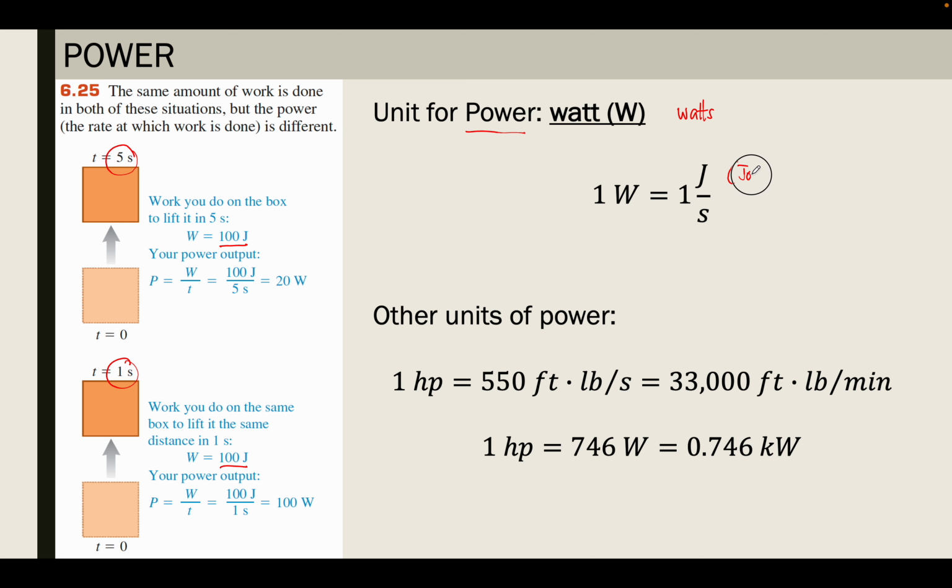We have power equal to work over time, so the unit for work is joule and the unit for time is second. That's why 1 watt is equivalent to 1 joule over second, or 1 joule per second.